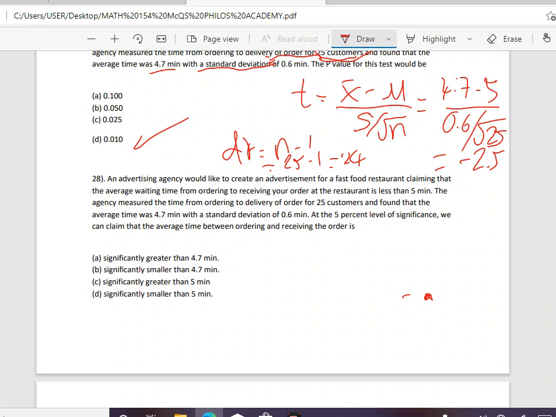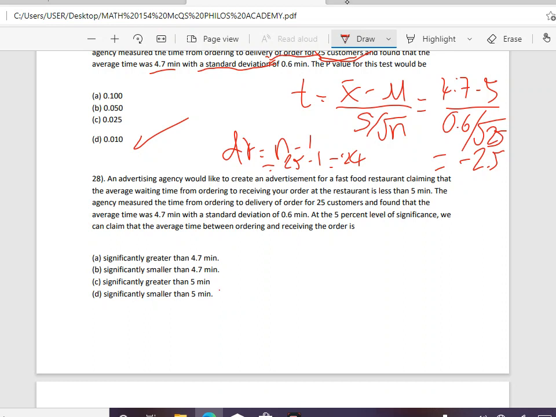Question 28. They say at 5% level of significance, we can claim that the average time between ordering and receiving order is.